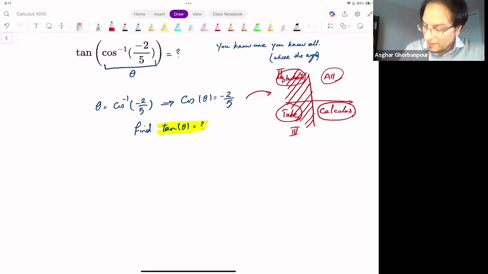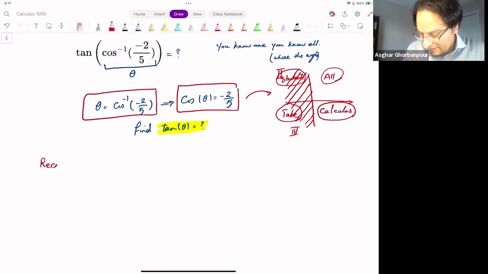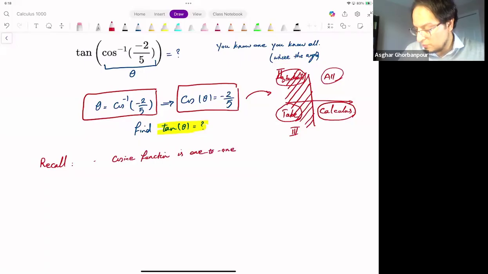I see. So from this we cannot say that, but from this part, remember the definition of cosine inverse. For cosine inverse to be an invertible function, we have to restrict the cosine function to this interval which goes from 0 to pi.